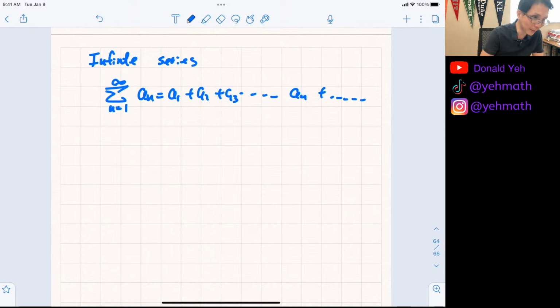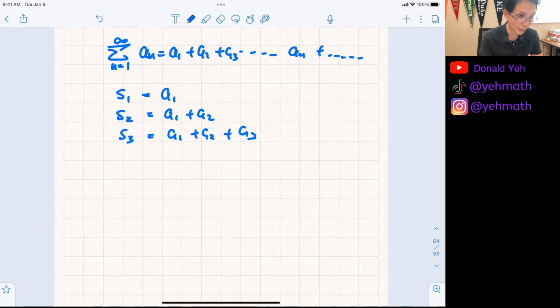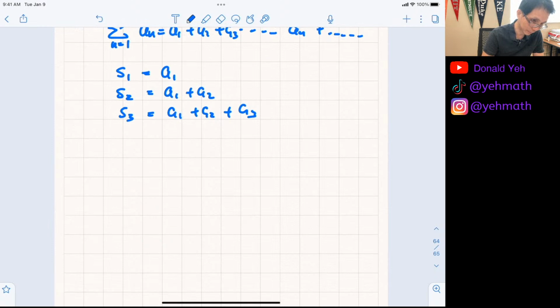And you say, oh, okay, that's very easy. So if I have S1, that just means A1. If I have S2, that means A1 plus A2. If I have S3, that means A1 plus A2 plus A3. That's called a partial sum. Are you just defining them? Yeah, we're just defining.